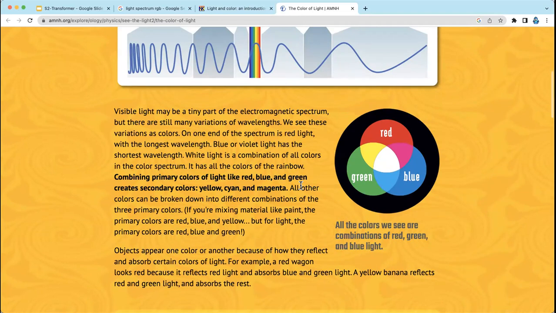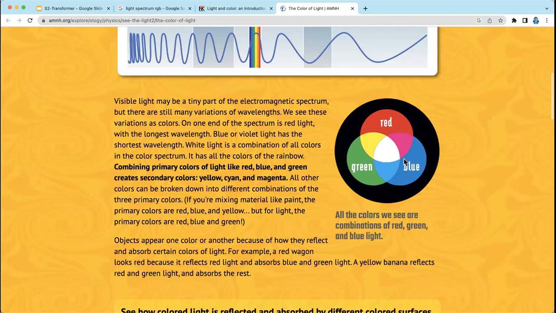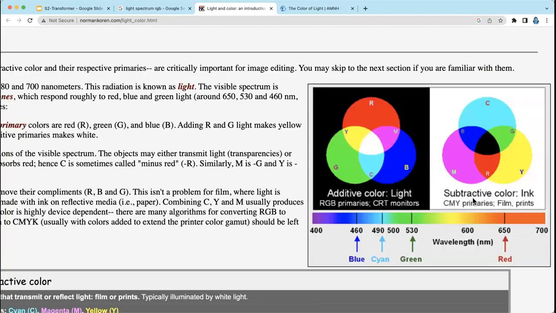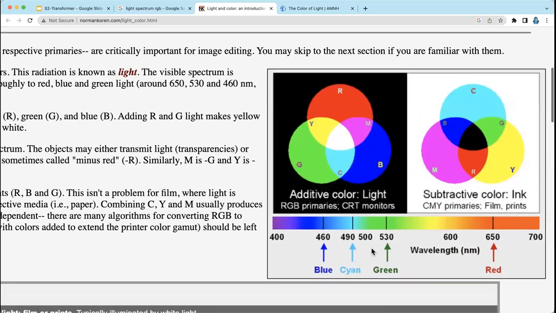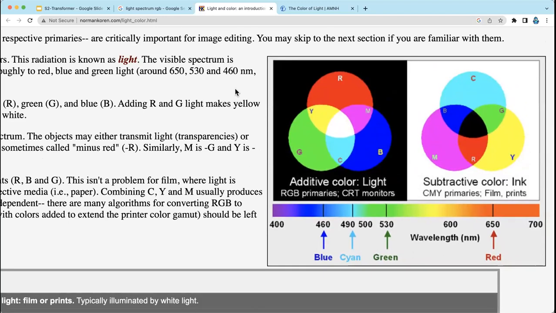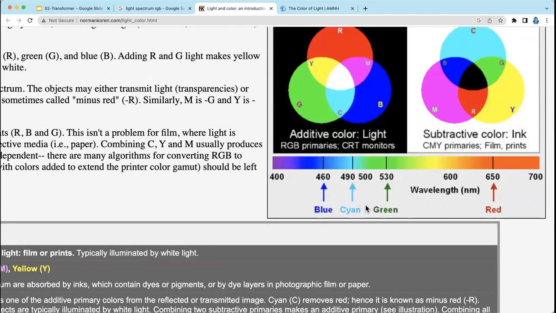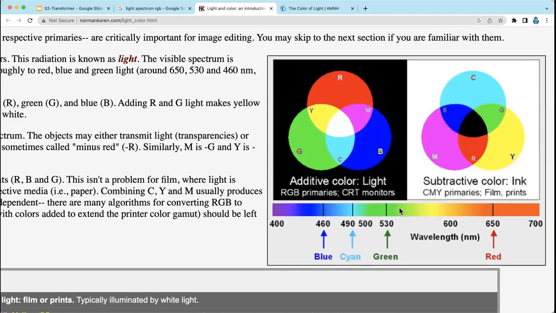Looking at the spectrum, in visible light the wavelength ranges from 400 to 700 nanometers. Blue light is around 460, green is 430, red is 655.